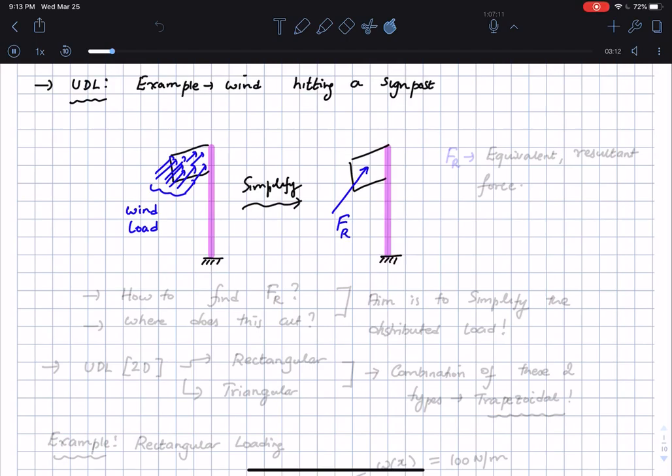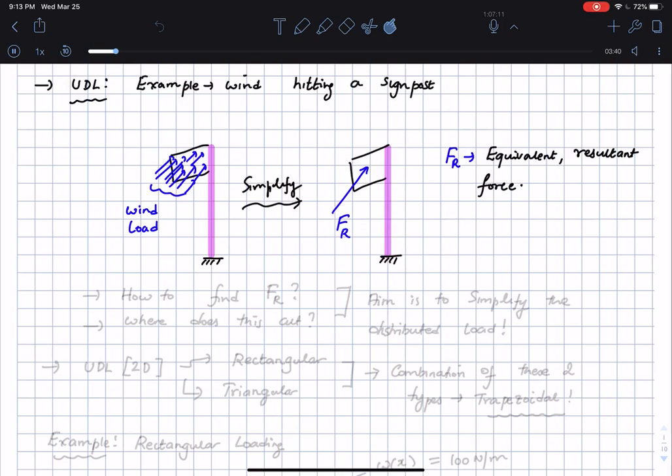FR is the resultant force, or a single equivalent force that has the same effect as the distributed loading. So FR in this case is the equivalent resultant force, and FR has the same effect on the body as the pressure load acting on it.